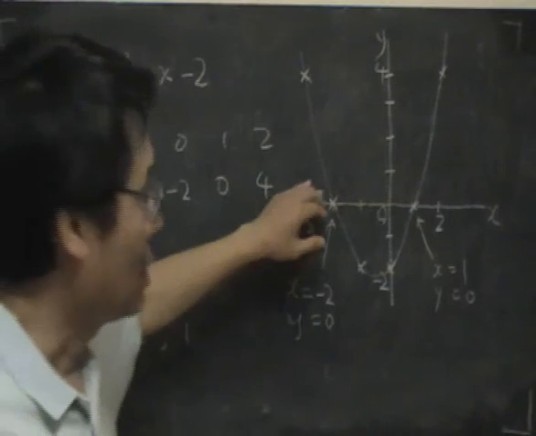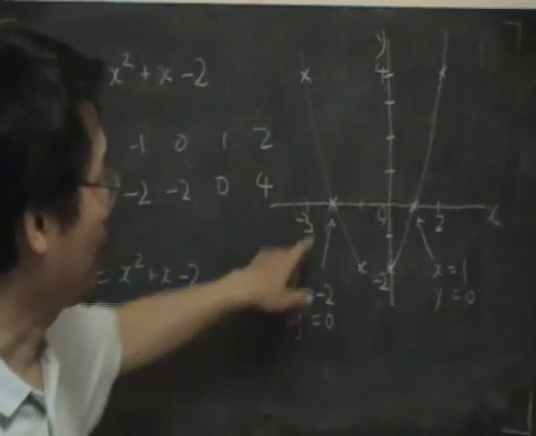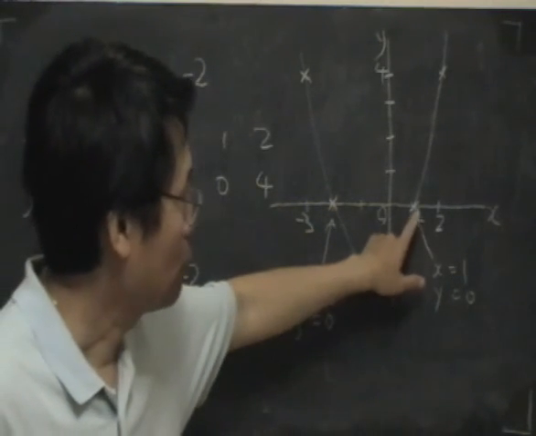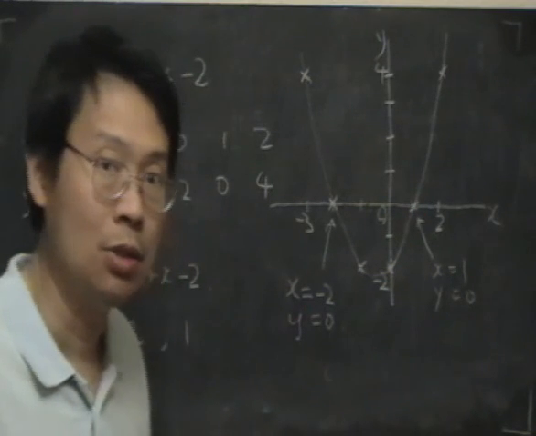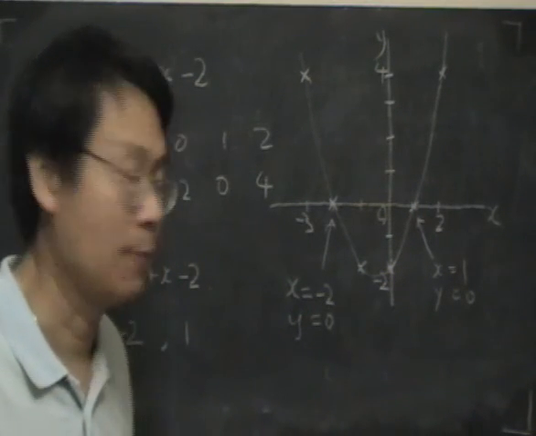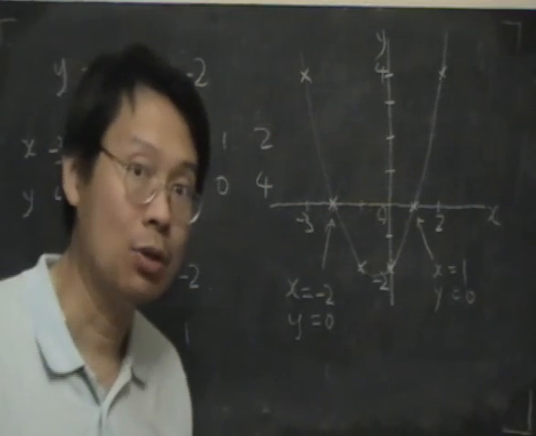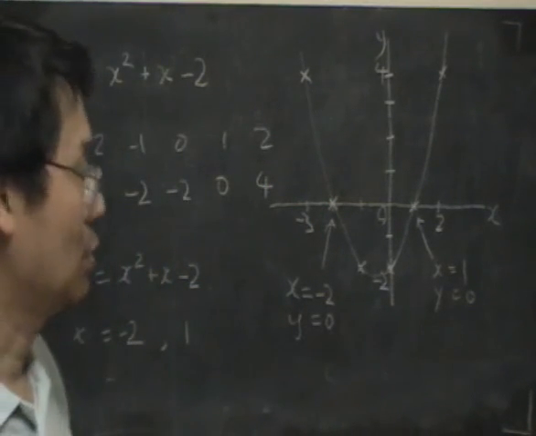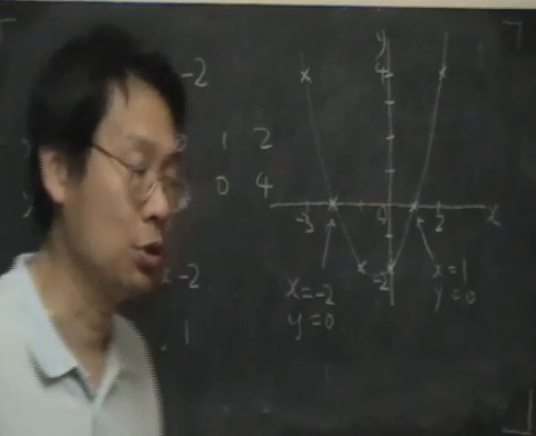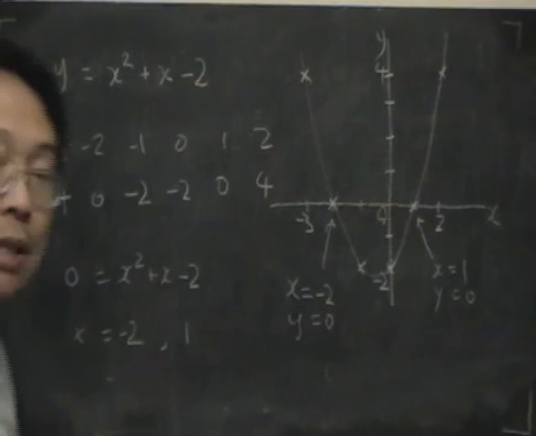And if that happens, from the graph itself, you can only get an approximate answer when the curve cuts the x-axis, and that may not be acceptable if the exam question needs you to solve this accurately.